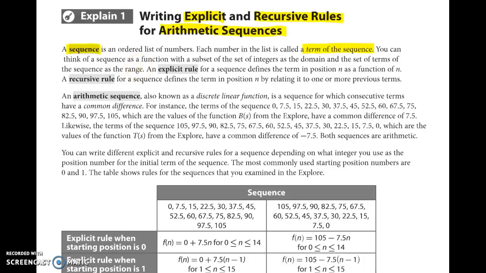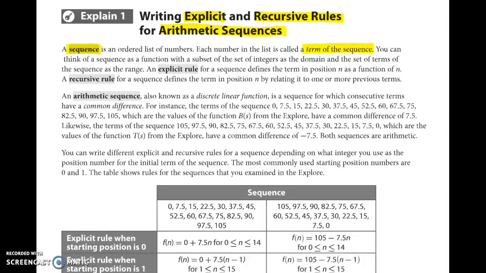So if I'm looking down here, what they're talking about is the domain is the first term. Our first term is 0 and our y term is 0. Second term, so 2 is our domain, 7.5. Third term, 15. Fourth term, 22.5, and so forth. So it's a list of numbers.